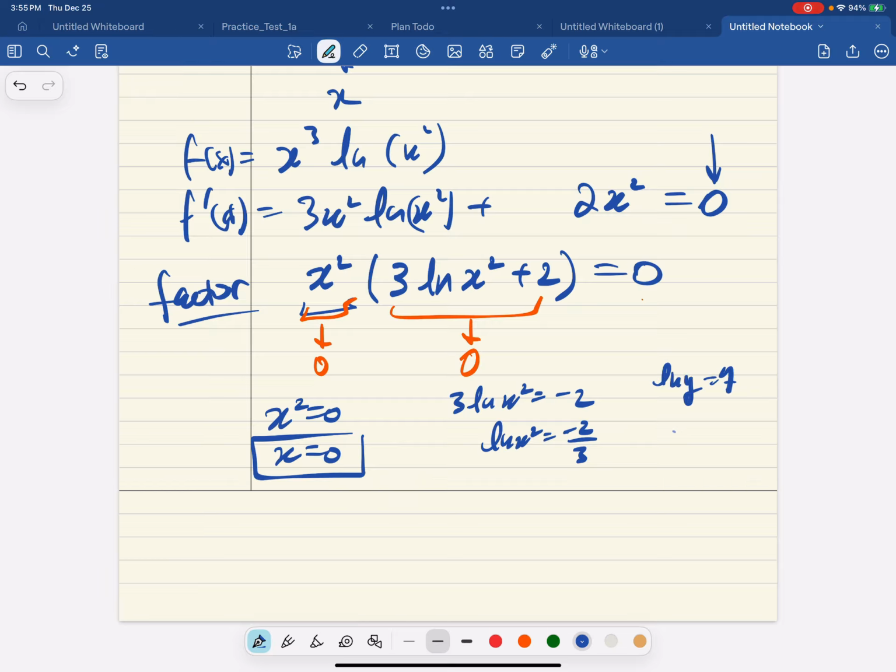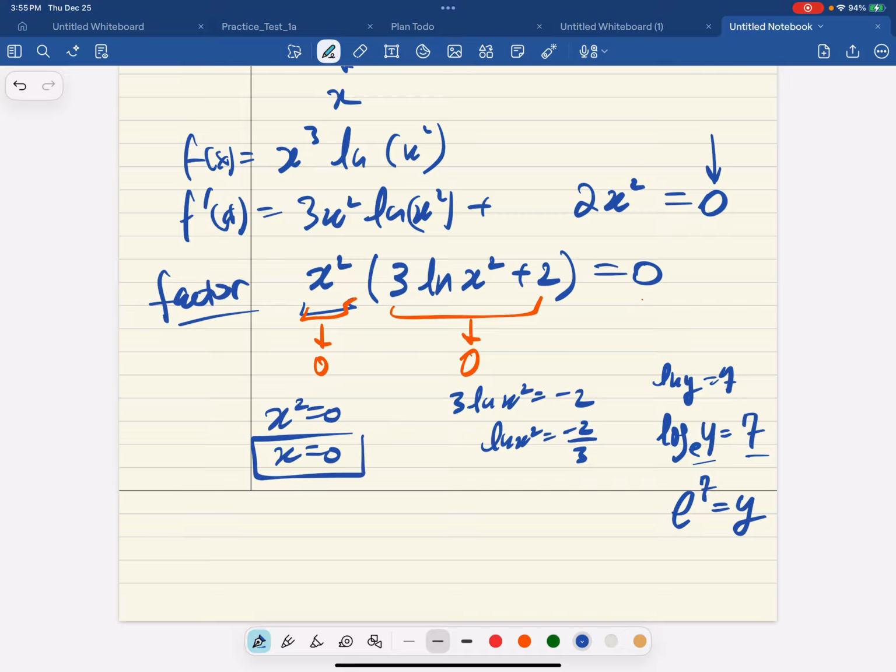We also know that log of y is equal to 7. And with the base and the power, whatever the 7 is, e to the 7, we know that has to be equal to y.